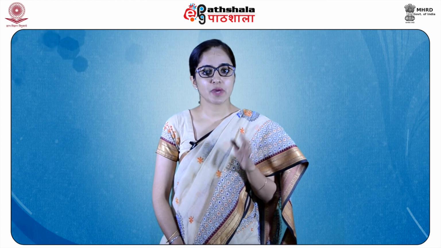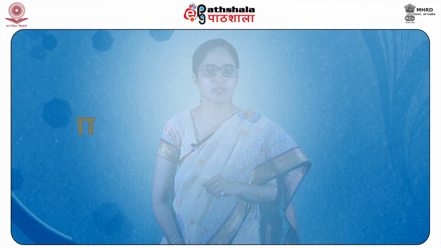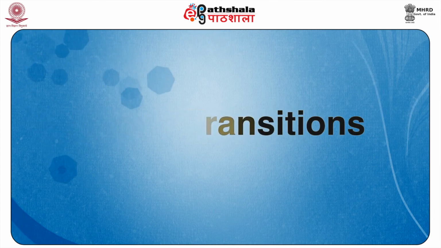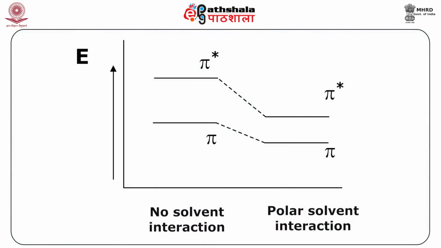Therefore, the spectrum of a compound in these solvents may significantly vary from one recorded in a hydrocarbon solvent. Now, considering the pi to pi star transition and the effect of solvent in these. In case of pi to pi star transitions, the excited states are more polar than the ground state.